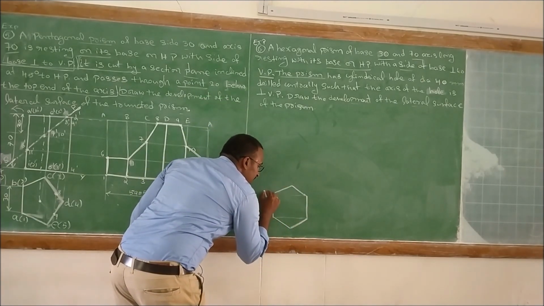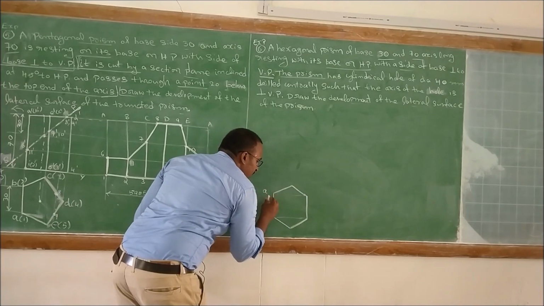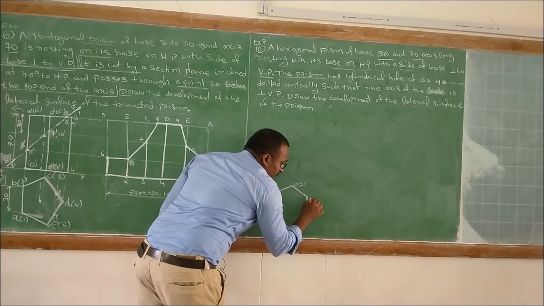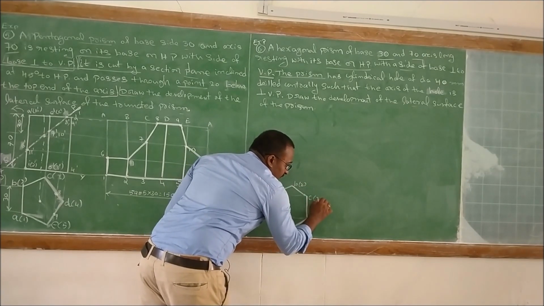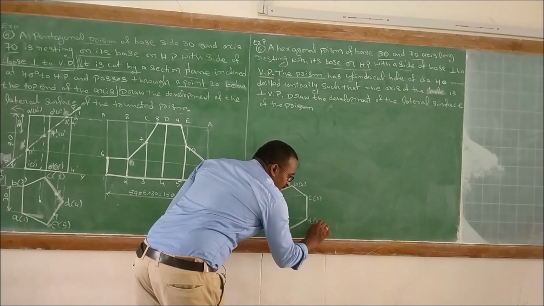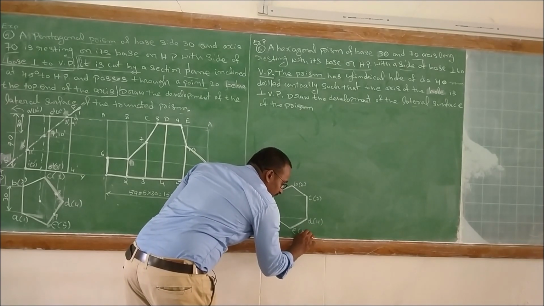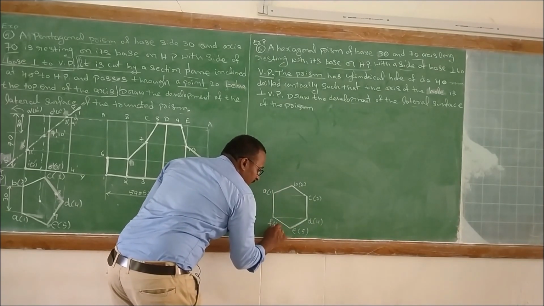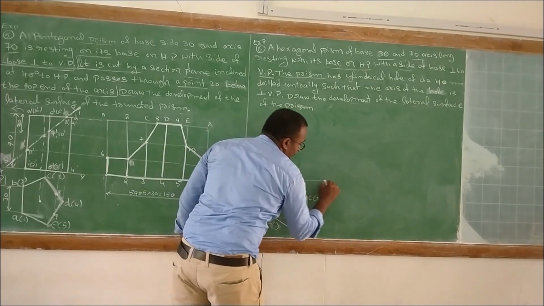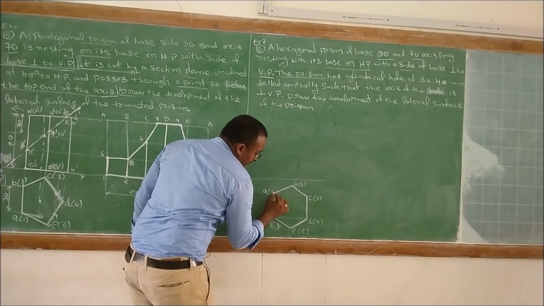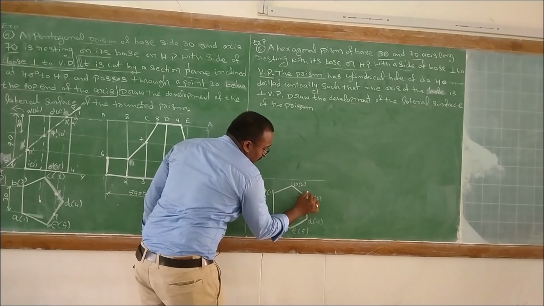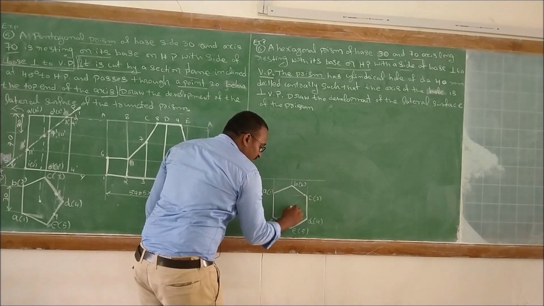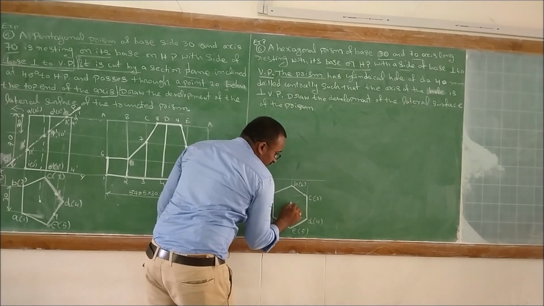Here it is A dash of, so A of 1, B of 2, C of 3, D of 4, E of 5, F of 6. Then you need to project all the points upwards, and you need to get the center point also.